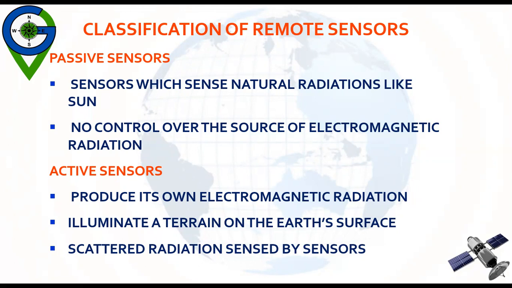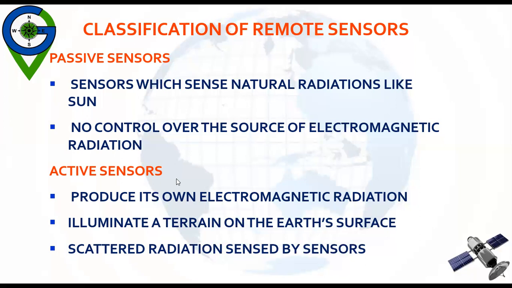Energy which is naturally emitted can be detected day or night as long as the amount of energy is large enough to record. So passive remote sensing is also possible in the microwave region. Naturally emitted microwave energy can be recorded day or night, similar to thermal remote sensing.